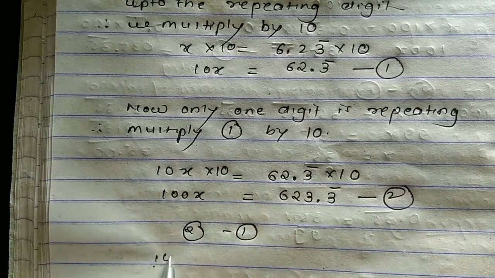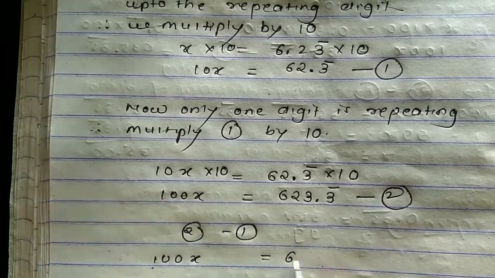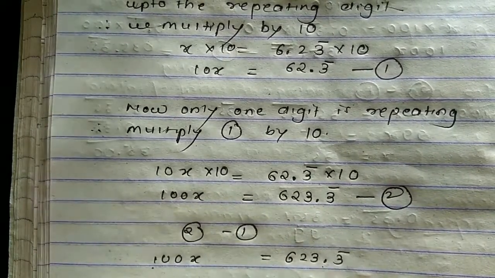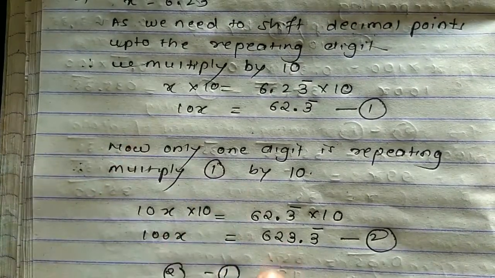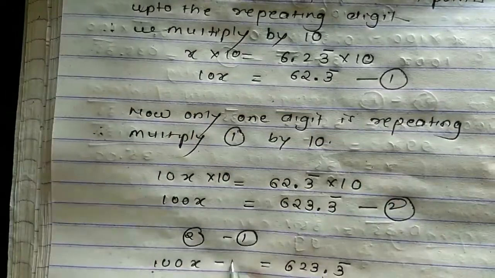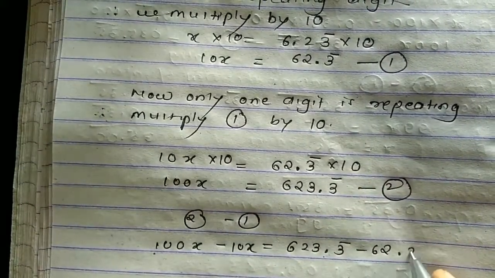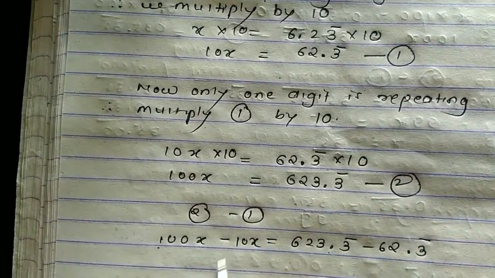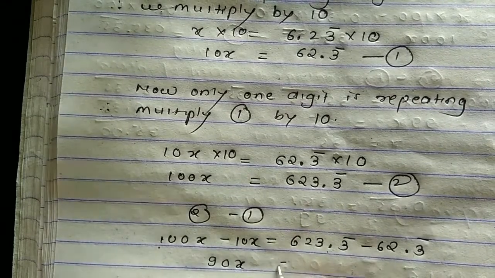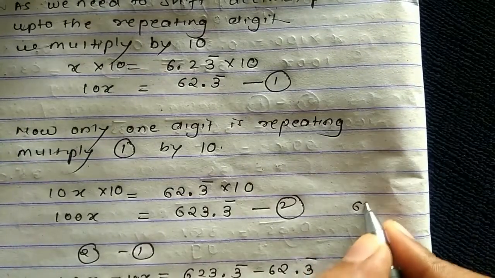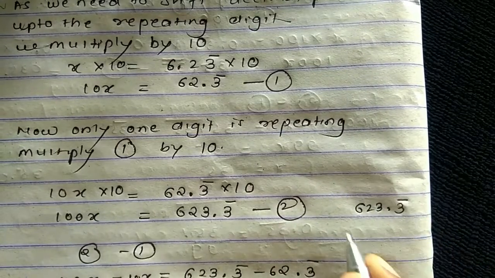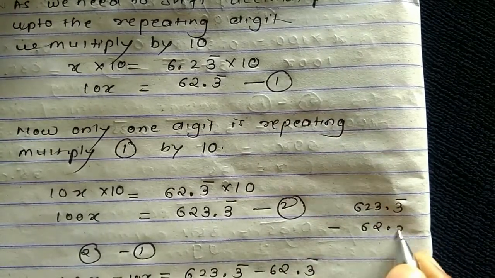So equation 2, that is 100x equals 623.3 bar, minus equation 1, that is 10x on the left side and 62.3 bar on the right side. So this will be 90x equals 623.3 bar minus 62.3 bar.